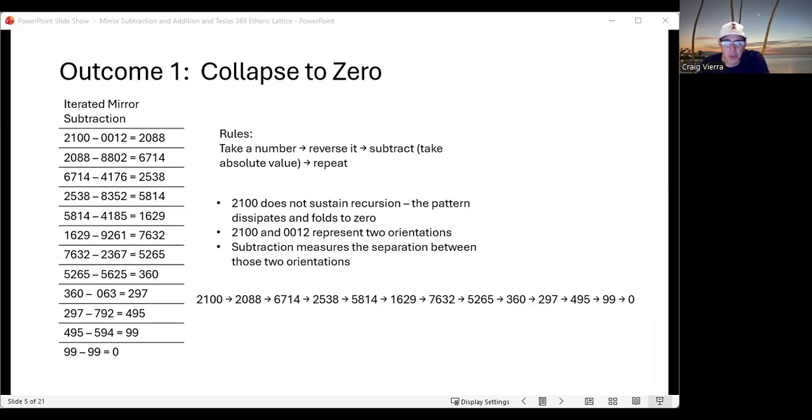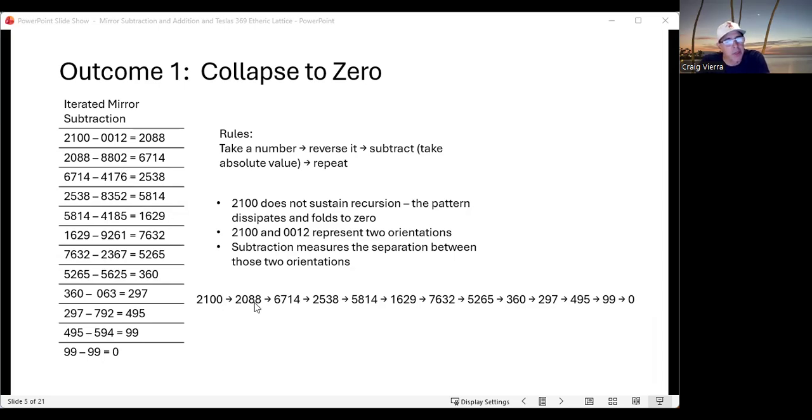It also measures the amount of asymmetry between a number and its reflected form. And in terms of wave terms, it represents the out of phase component, which is basically what doesn't align between the two states.